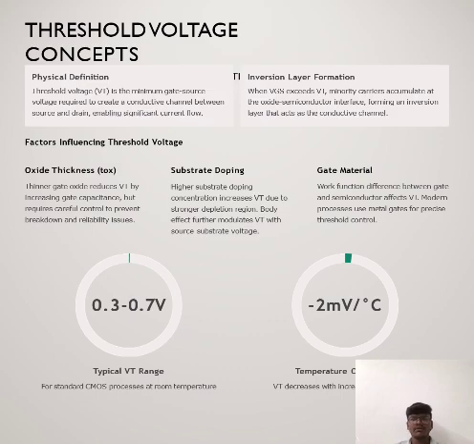Gate material: work function differences between gate and semiconductor affect VT. Modern processes use metal gates for precise threshold control. For standard CMOS process at room temperature, VT decreases with increased temperature.